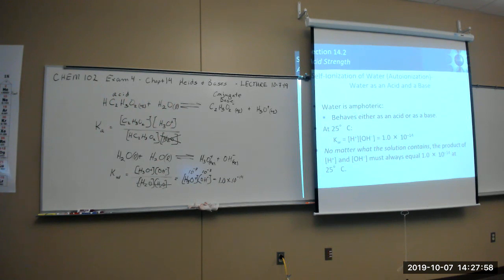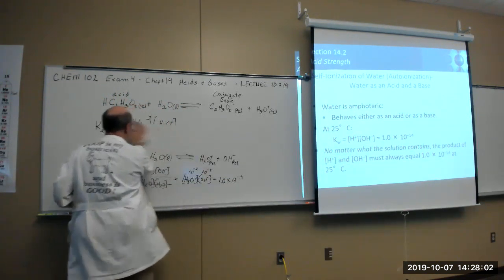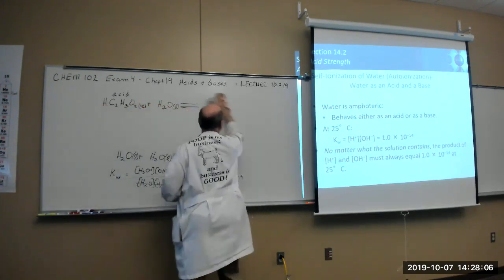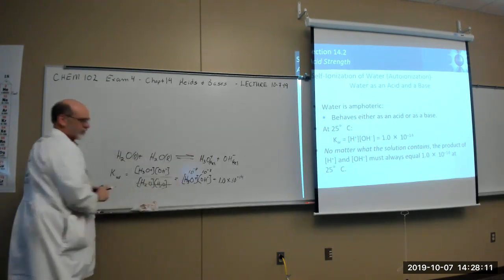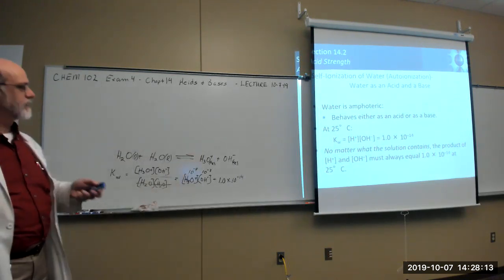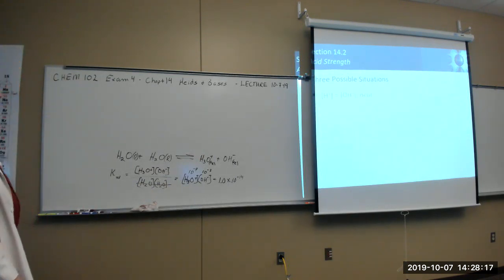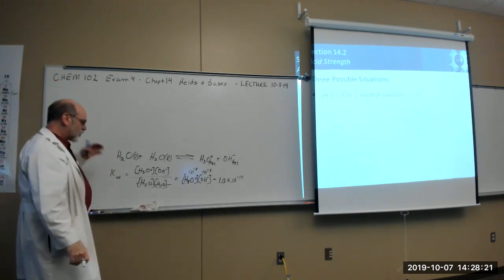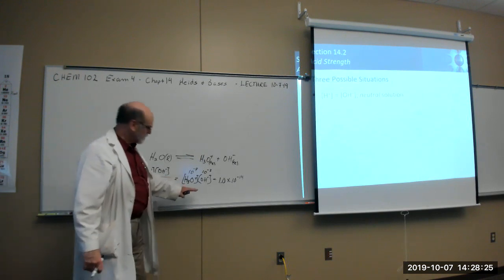All right. So I'm going to leave those there and make some room up here. So there are three possible situations. With pure water at 25 degrees, this is the situation.